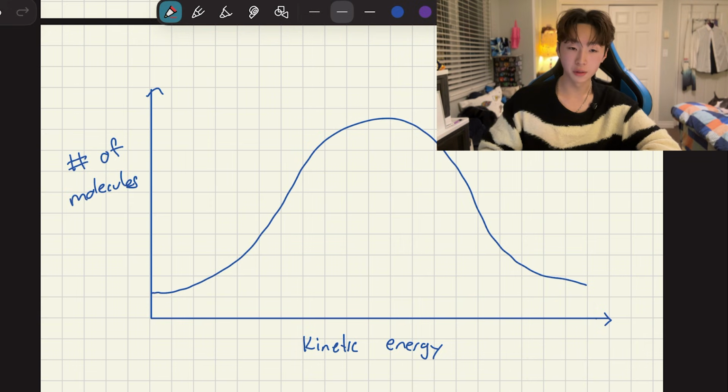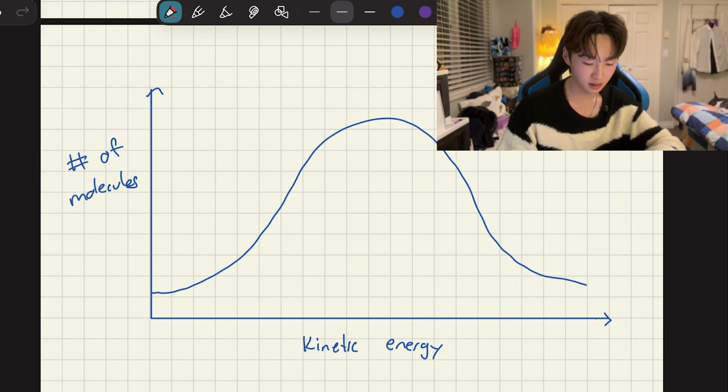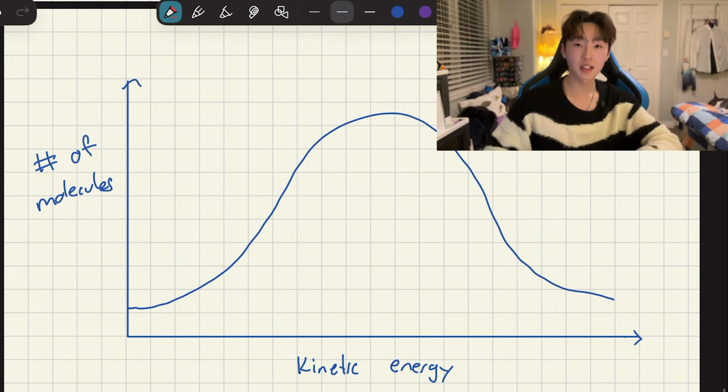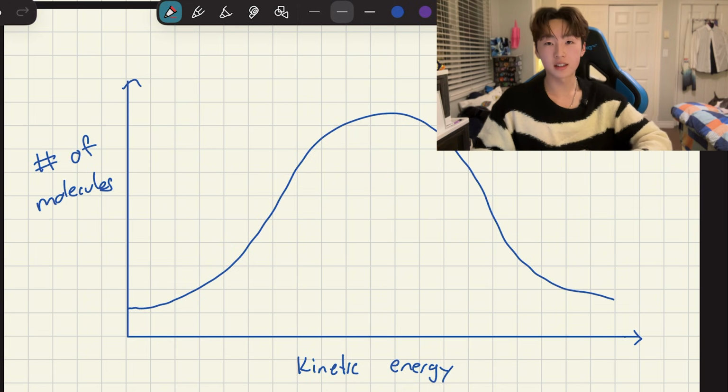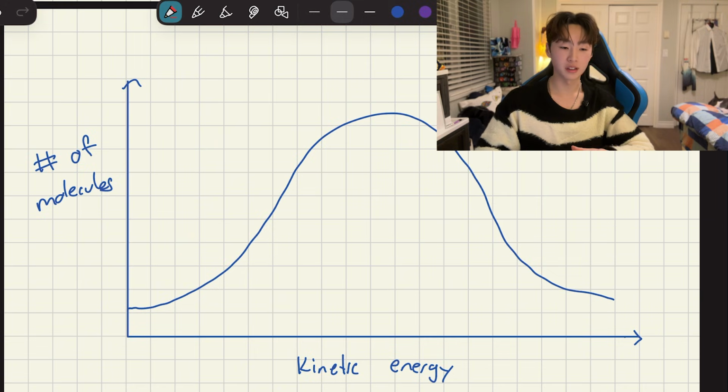While that is true, a bigger factor that explains why temperature increases reaction rate is because temperature is actually only the average kinetic energy. You can't say that a substance at the same temperature, all of its particles have the same kinetic energy. The temperature is just the average.